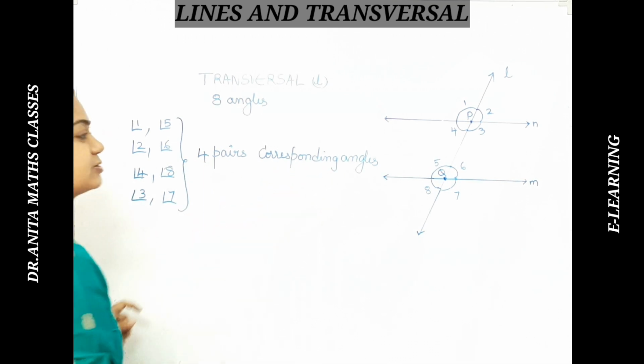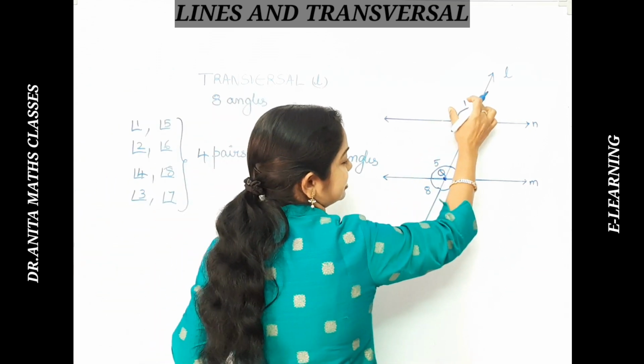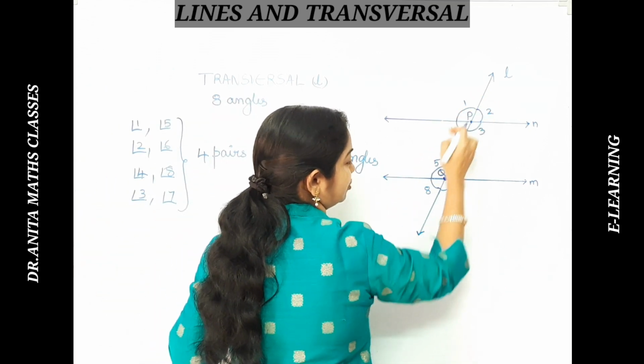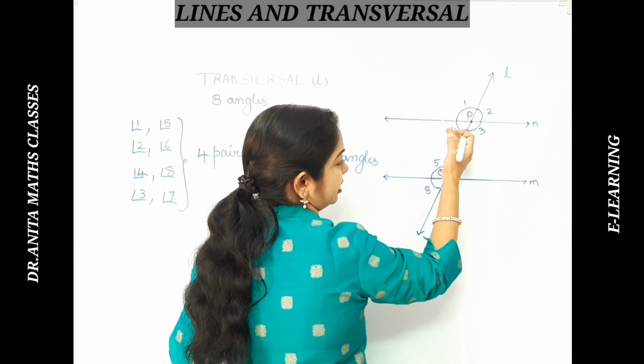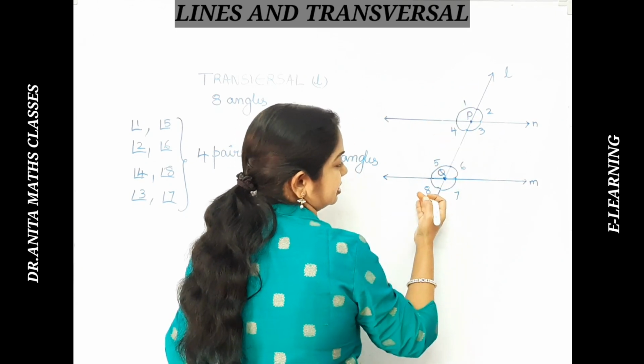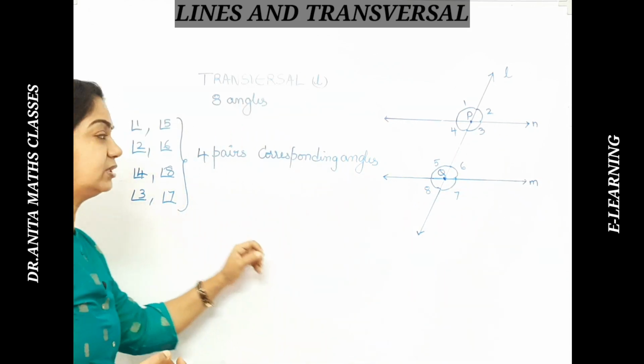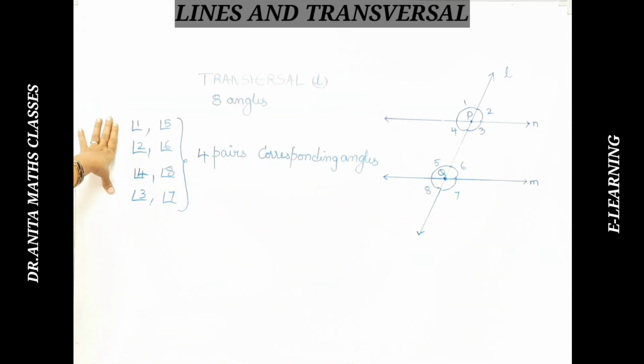How to remember corresponding angles? One angle is exterior, one angle is inside, and they are on one side of the transversal. Again, if you are taking interior, the other one is exterior. So these form 4 pairs of corresponding angles.